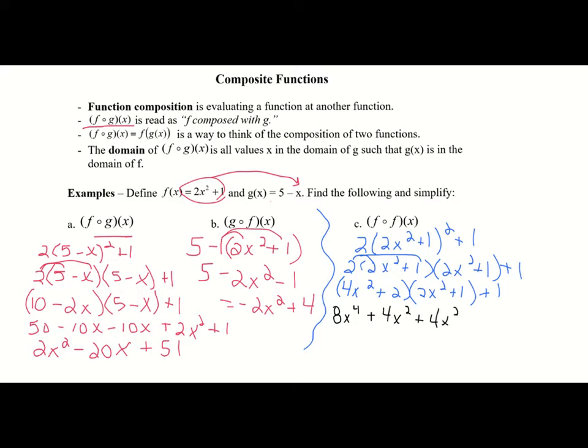And then 2 times 1 will give me plus 2, and then we have that plus 1. Now we combine like terms: 8x to the 4th power plus 8x squared plus 2 plus 1 is 3. So 8x to the 4th power plus 8x squared plus 3 is our final answer.